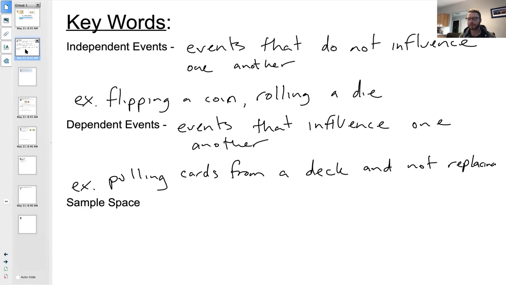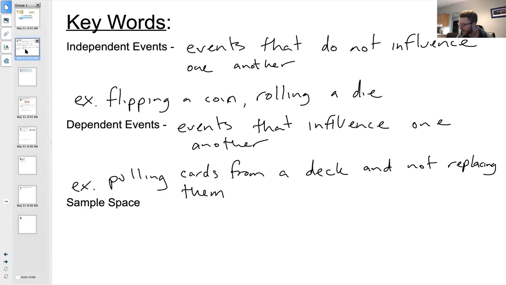Right? So if you just have a deck of cards with all of the cards in there, right? Your sister, your cousin didn't take any. If you were to look for an ace of spades, if you pulled one card randomly, it would be a 1 in 52 chance of getting that ace of spades, right? If you did not put that card back into the deck and you were still looking for that ace of spades, the possible outcomes is going to decrease by 1 because there's only 51 cards in the deck, okay? So we call those dependent events.